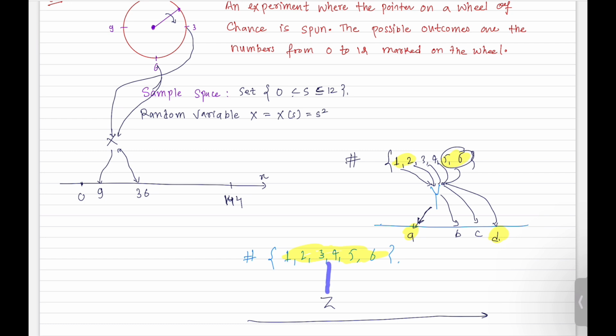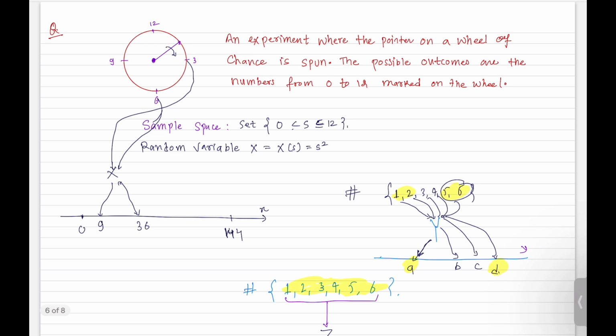How this mapping is happening we do not have to worry about. Let's call this small z and this small y, right?